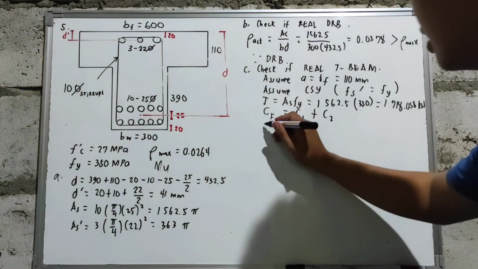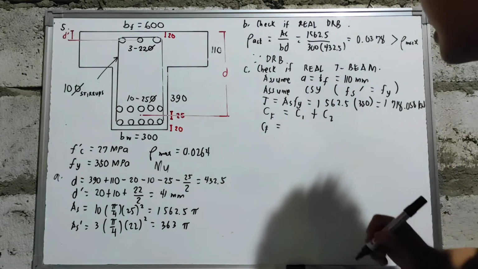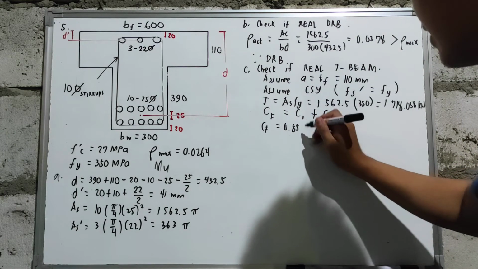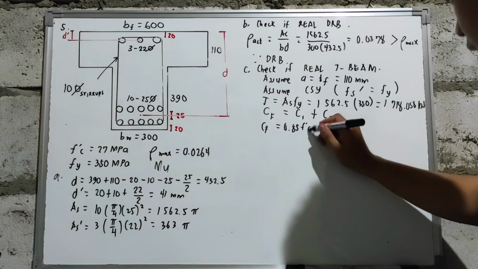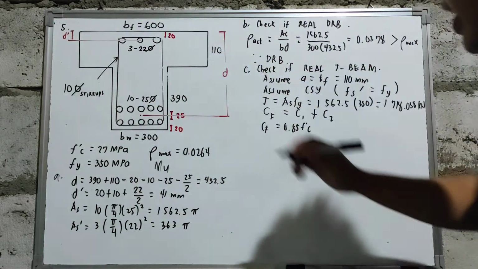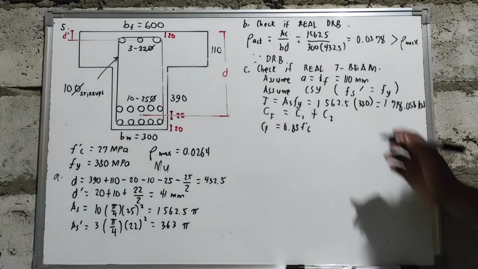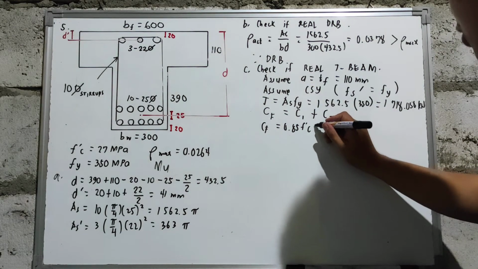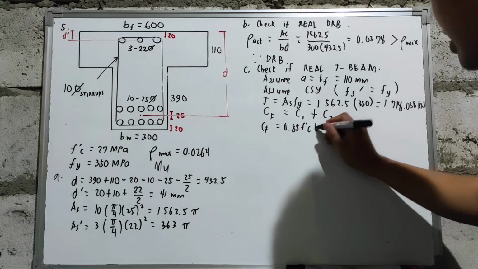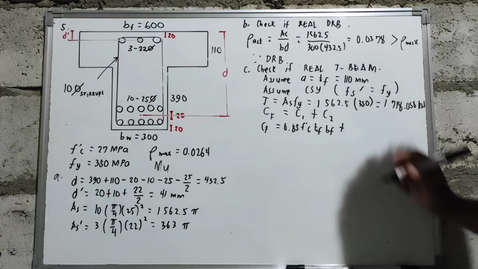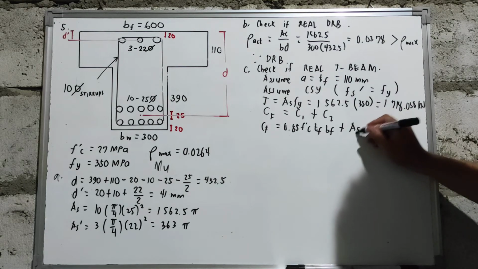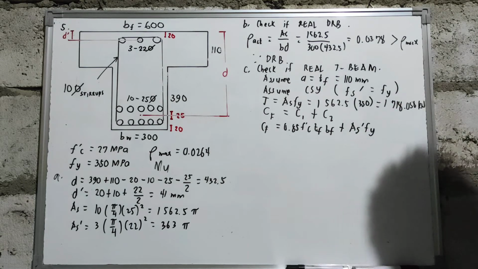So for this one, yung CF natin, that will be 0.85 F prime C plus yung area nung concrete nung flange natin. So that will become, so yung thickness ng flange natin multiplied by the base of the flange plus yung C2 natin, that will become AS prime multiplied by Fy.